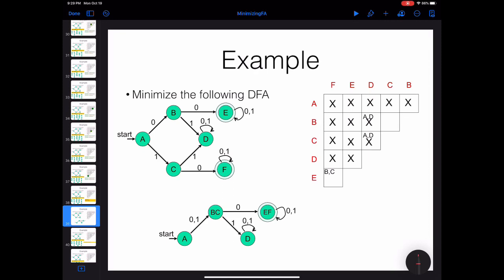I can draw the equivalent minimized DFA in this way: from A, with the transition of 0 or 1, you go to the same state, which is just the merging of B and C. And from B and C, by seeing a 0, you go to another state, which is the merge of E and F. And over the transition of 1, you are going to another state D, which is basically a dead state as well for us.